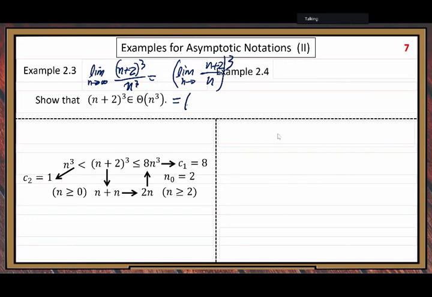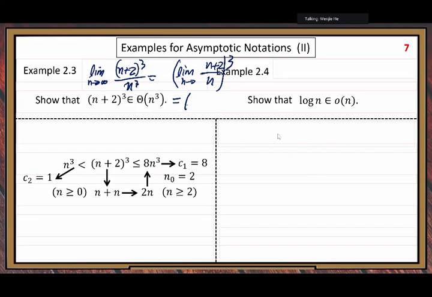So then, example 2.4, show that log of n belongs to little o of n. We did a similar example before. But here, let me just quickly do this example another time. This time, little o, we can take the limit.